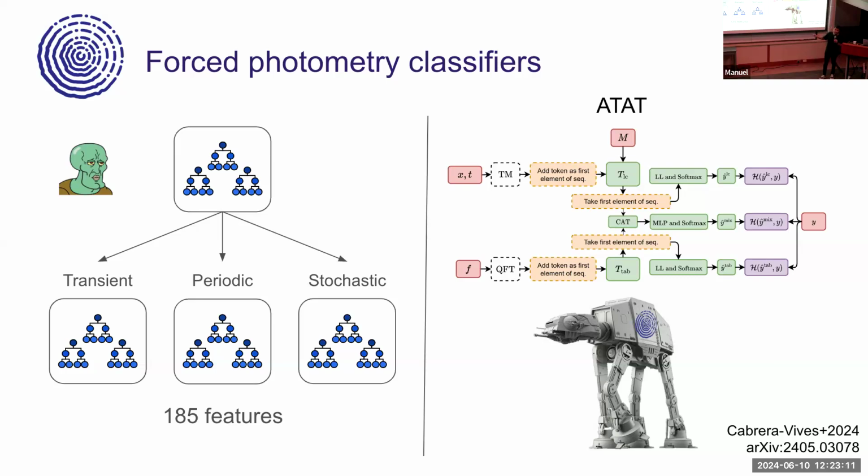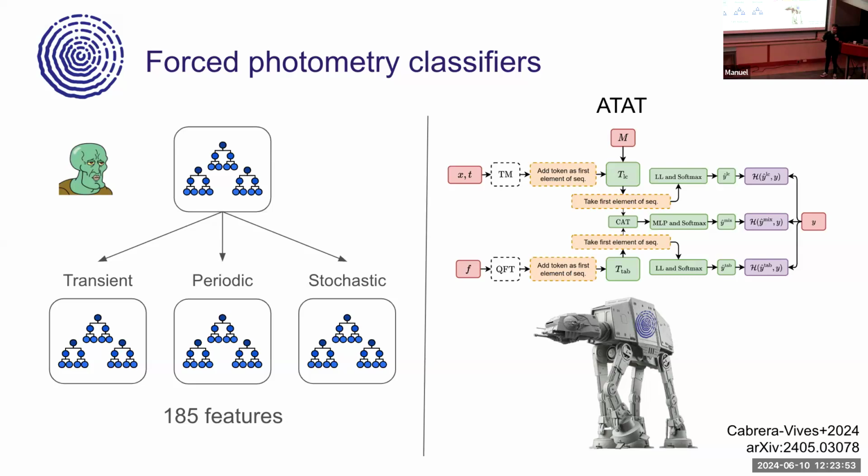The first one is the same model I told you about before, the hierarchical random forest classifier that first classifies between the three classes: stochastic, periodic, and transient objects, and then between the rest of the subclasses. The other classifier that ALeRCE has is ATAT, a multimodal transformer classifier that takes two things. The first is the full light curve of the object, and also the computed features for that object.